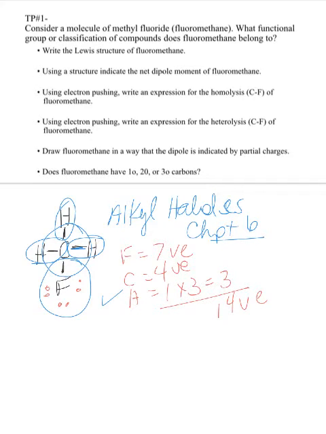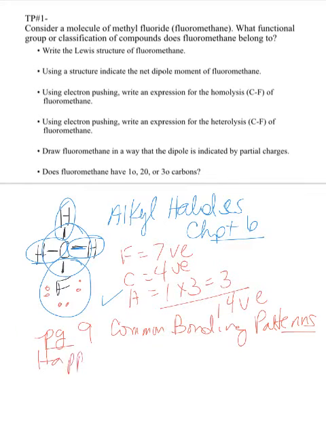You need to review Lewis structures in chapter 1, and I strongly recommend looking at page 9, the common bonding patterns. I call them happy molecules, or they could be almost happy elements. You're dealing with organic chemistry, so you're really only dealing with main group.